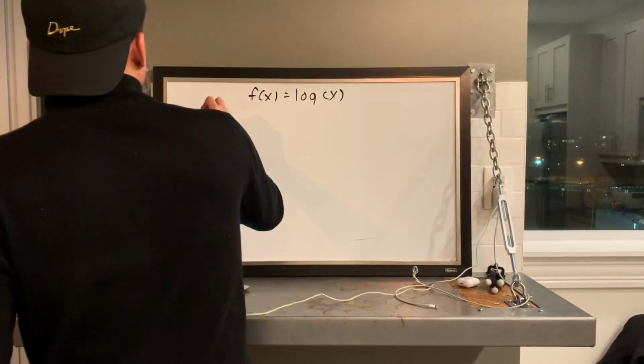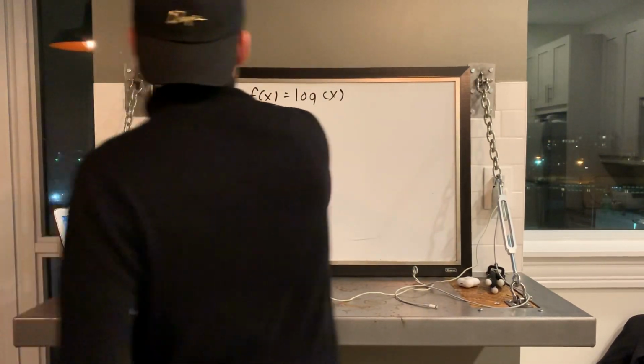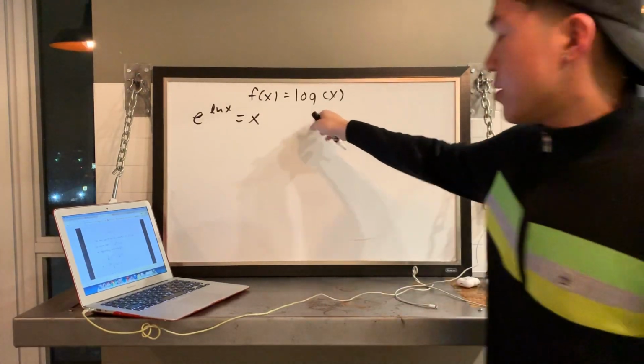So we know that e to the log x equals x because the logs would cancel. We get x.